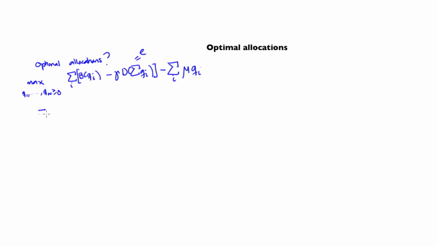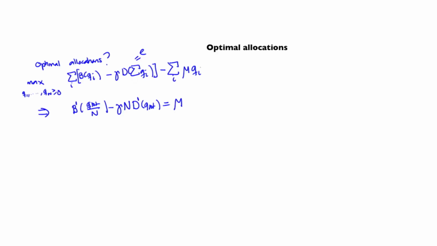And what you get, since the B functions and the D functions are identical, is that everyone gets to consume at a point in which B'(Q total divided by N) minus gamma N D'(Q total) is equal to mu. Everybody has a symmetric allocation because individuals are identical, characterized by this formula. So notice that we can write this formula like this, or we can pass it on to the other side.